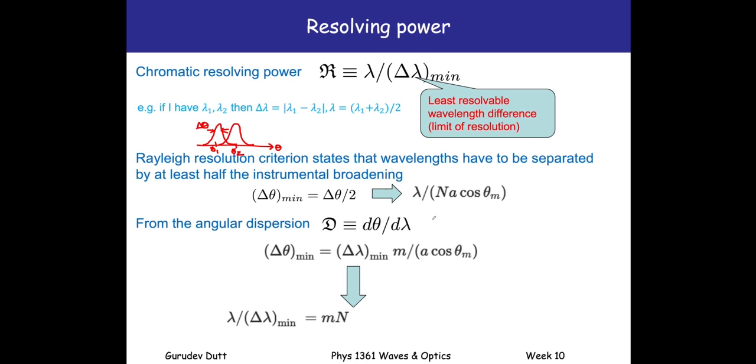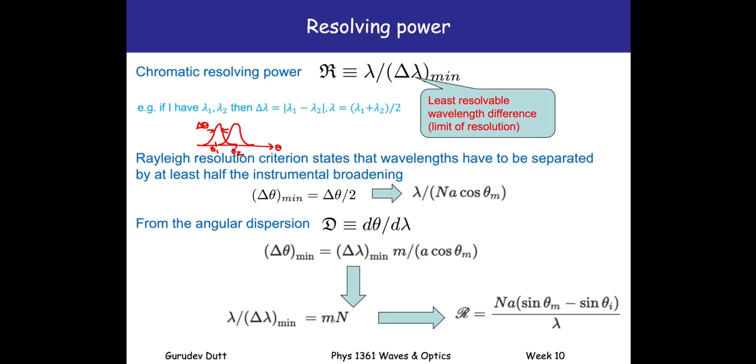So basically I'm solving for lambda from this expression, and I'm solving for delta lambda in terms of this expression, and therefore I can find this value. So the resolving power is simply m times N. If I want to get rid of this m, which is the order, sometimes you just care about the order, so you don't need to get rid of it.